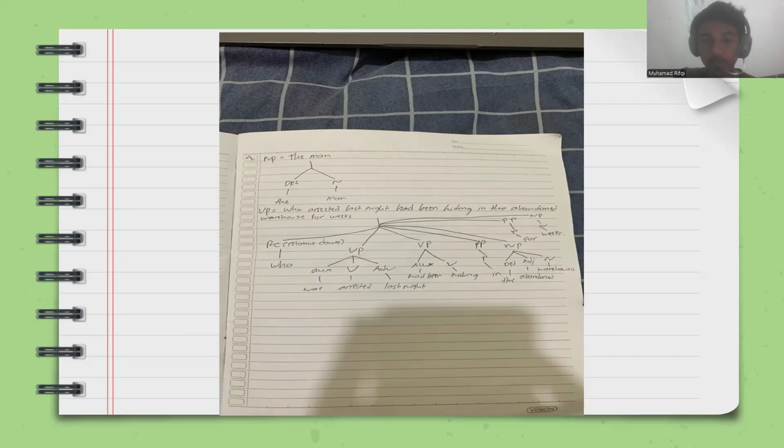The verb phrase again, the auxiliary is had been, and the verb is hiding. Prepositional phrase, the preposition is in, and the noun phrase again, the determiner is the, the adjective is abandoned, and the noun is warehouse. Prepositional phrase, the preposition is for, and the noun phrase again, the noun is weeks.